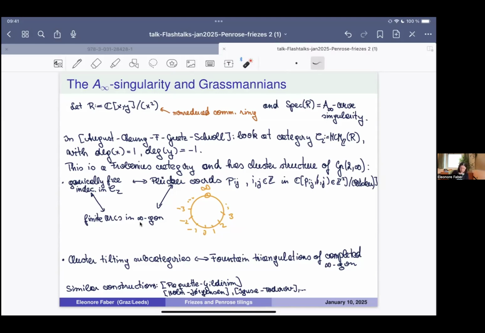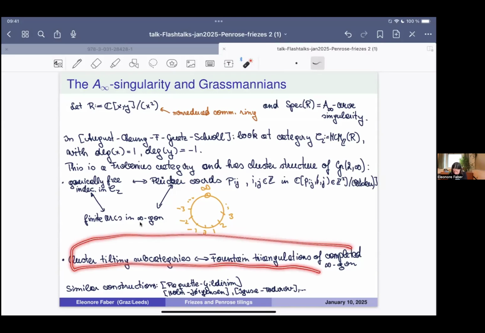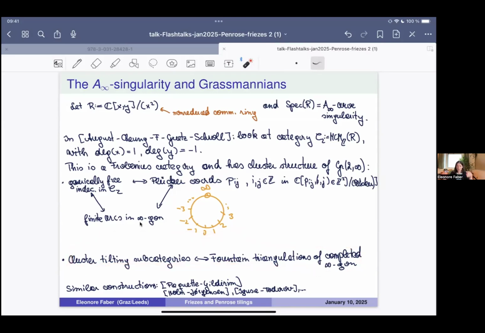One can also see that the cluster tilting subcategories of C2 correspond to fountain triangulations of this completed infinity-gon. There is a lot of related work that I'm not citing, apologizing for that, but in particular Paquette and Yıldırım, building on work of Holm, Jørgensen and also Igusa and Todorov.